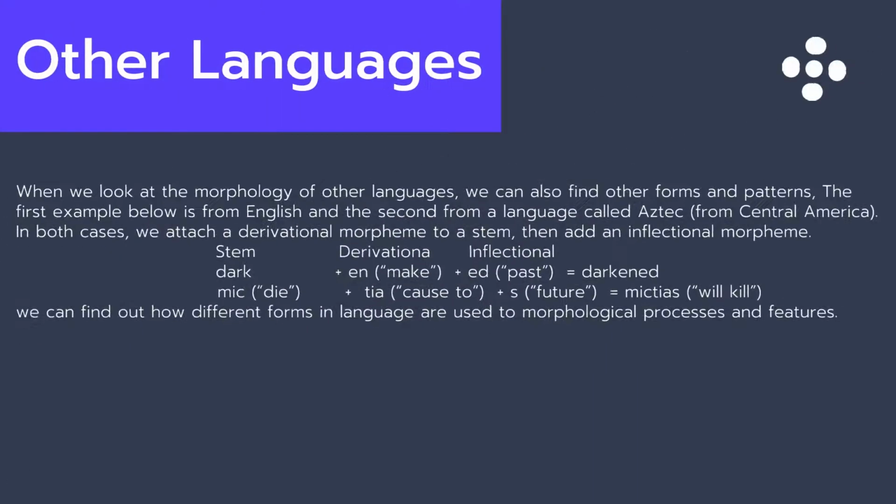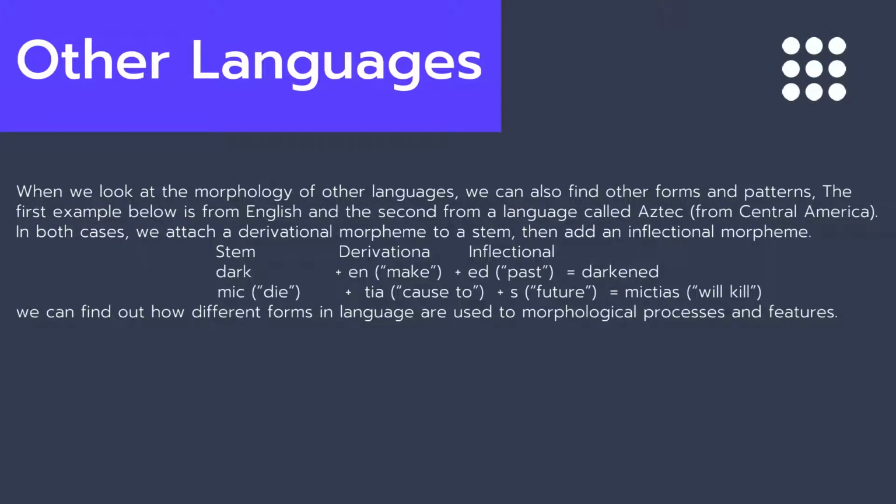Stem: dark, mic (die). Derivational: add -en (make), add -tia (make die). Inflectional: add past, darkened; add future, Mictias, will kill.